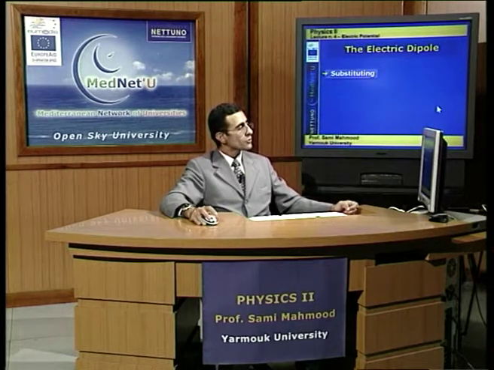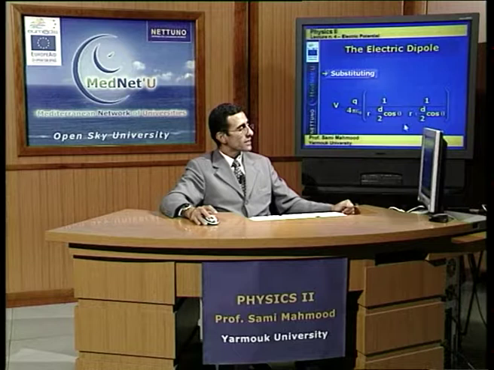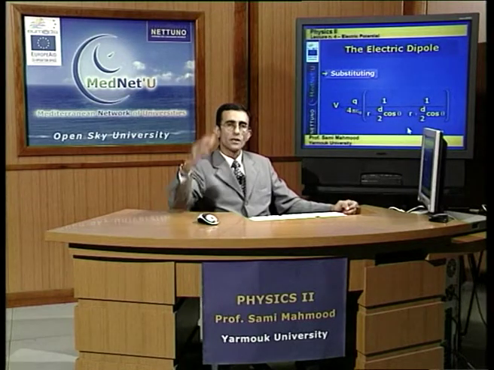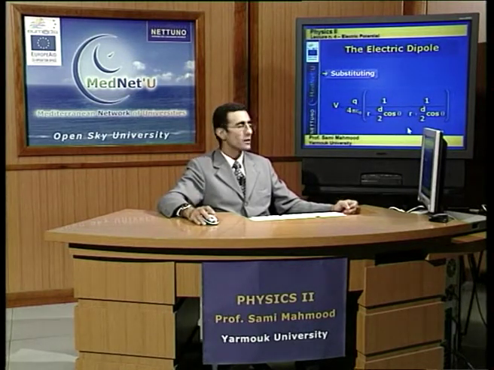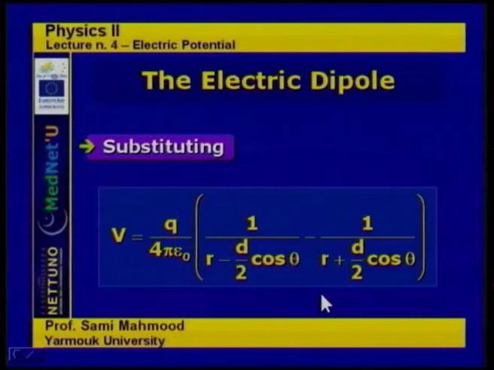And now substituting these values in the formula for the potential for the dipole, we get V is equal to Q over 4 pi epsilon naught, and in parentheses 1 over R plus, which is R minus D over 2 cosine theta, minus 1 over R minus, which is R plus D over 2 cosine theta.